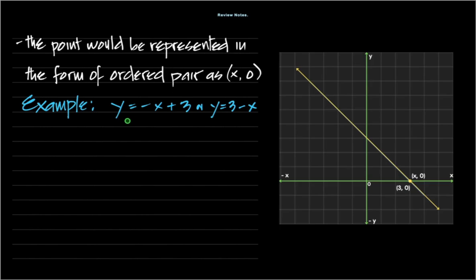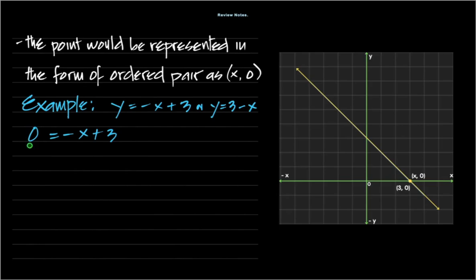Now, having said that, and remember, I said that the value of y at the point where the graph cuts the x-axis is 0. So if you want to find that point, looking at the equation, we will say 0, which is now y, is equal to negative x plus 3.